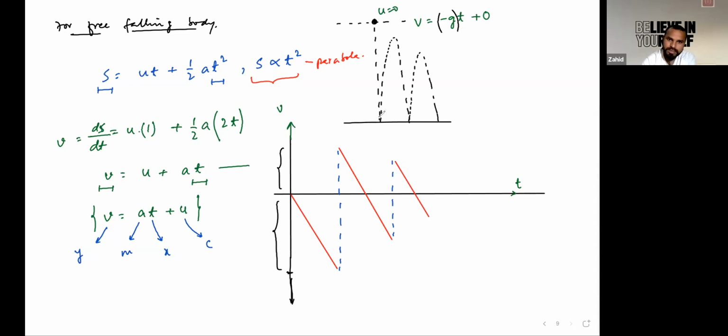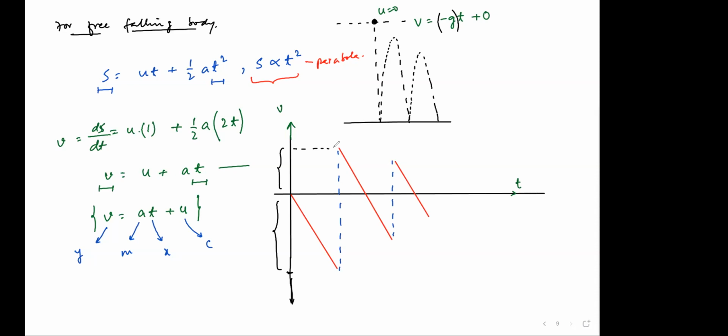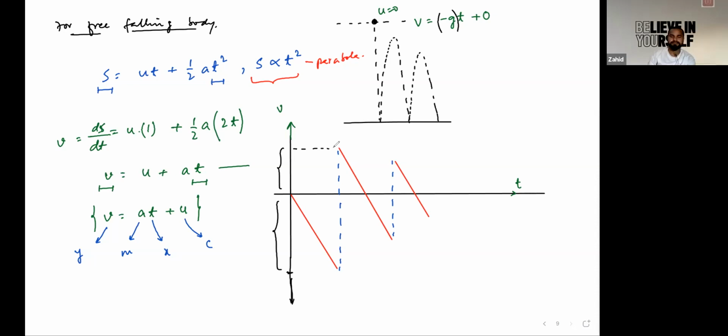But on hitting, its direction gets reversed. So initially it was along the negative side. On hitting, it will be on the positive side. Is it clear? Yes, sir. Okay, just write it down. Done, sir.